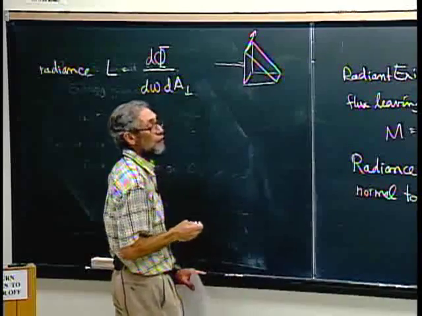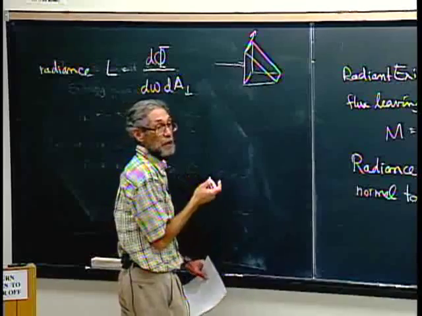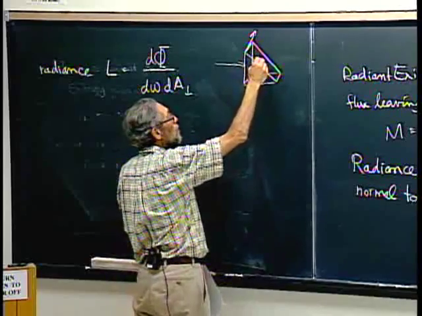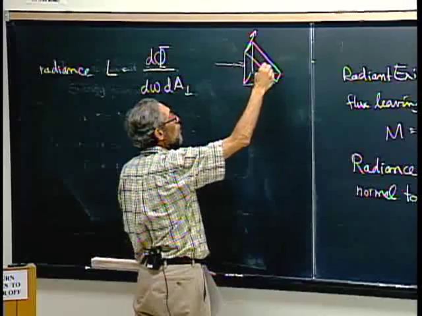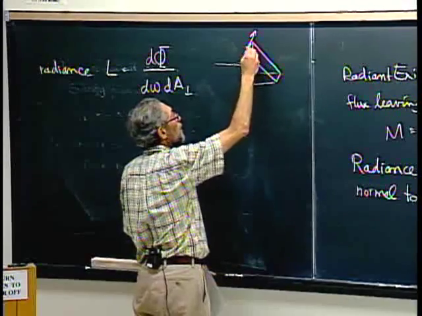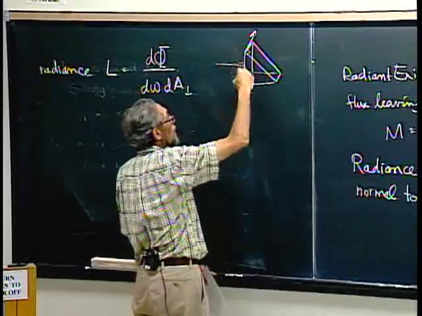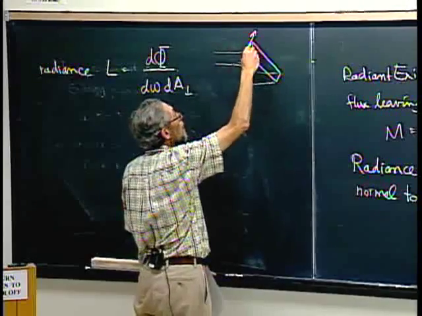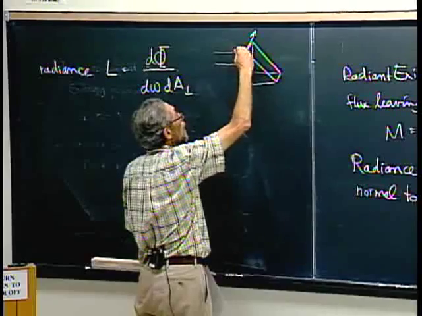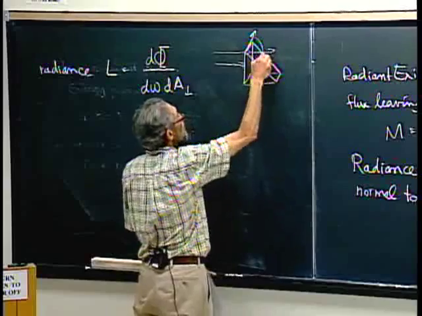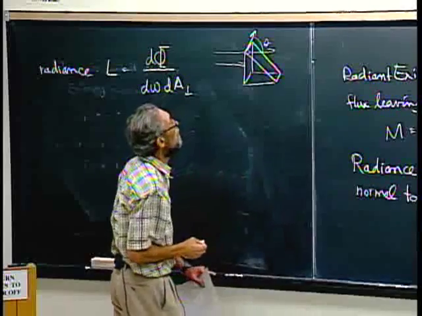That's the normal to the actual area that's intercepting the beam. And I have an angle between that normal and the beam direction. So here's the beam direction, and this angle is theta.